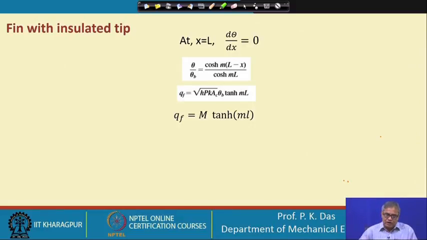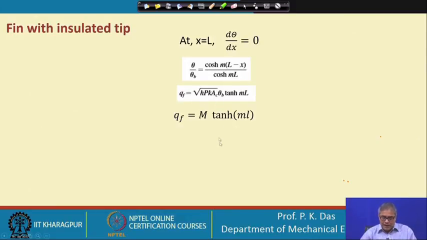With this boundary condition, we can get the temperature distribution along the length of the fin, and the flow of heat through the fin, which is coming from the base. So, at the base, what is the heat flow? That is again the heat transfer by the fin to the surrounding fluid. So, that will be Q f.